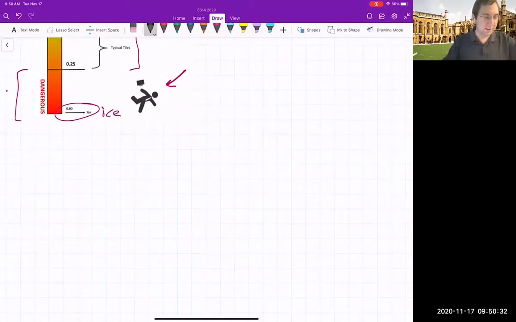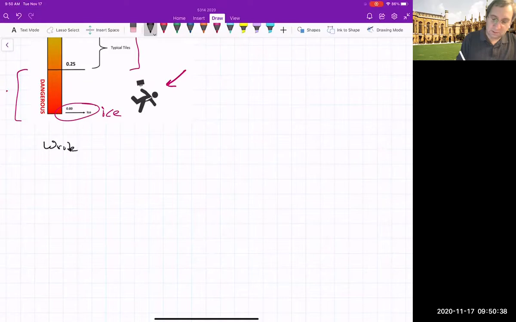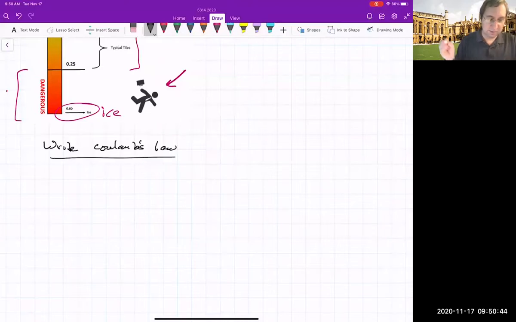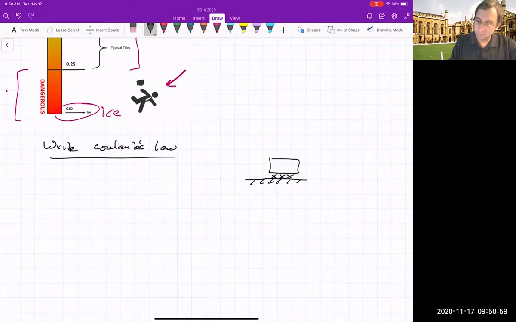And we can write Coulomb's law. Let's write it. This is a very simplified form, and it's the form that you have been using. And we'll just do it this way. Here's surface 1 and surface 2.